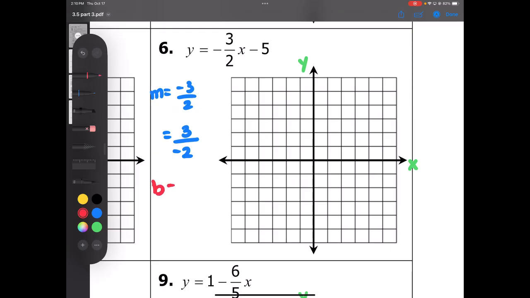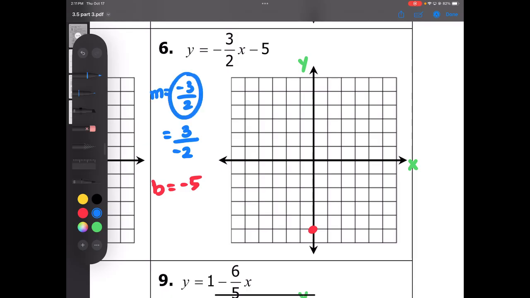Your y-intercept is negative 5. So I will start at negative 5, right there. Which fraction should I use? If I use the first one, I gotta go down 3.